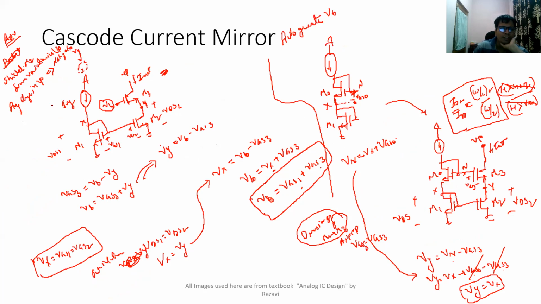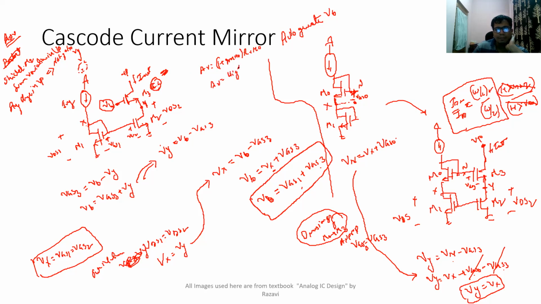How can I say that any change in VP doesn't go to Vy? The reason is that this transistor is a common gate transistor. For a common gate transistor, its voltage gain is 1 plus gm R0 whole divided by Rs plus R0. In other words, its gain is a high value.